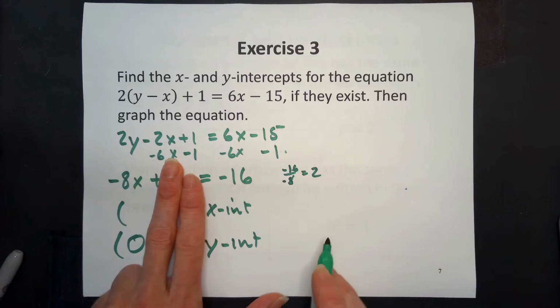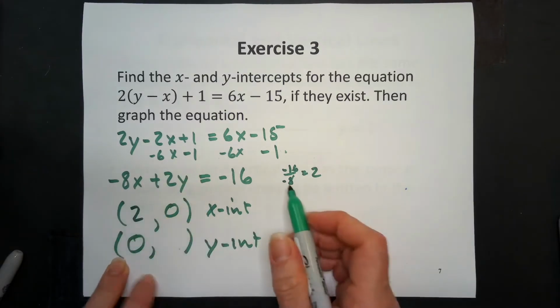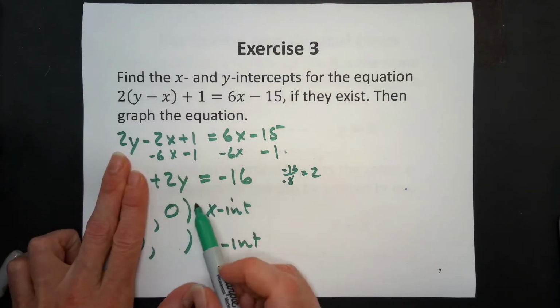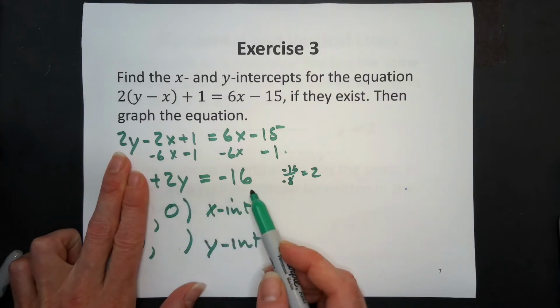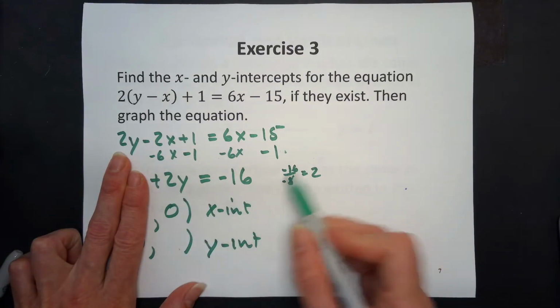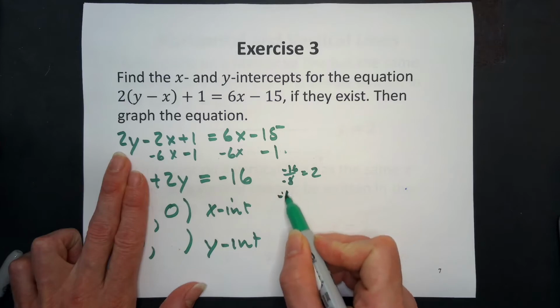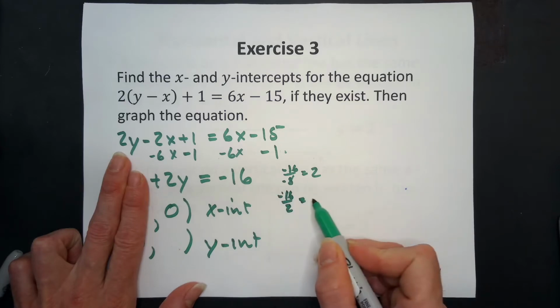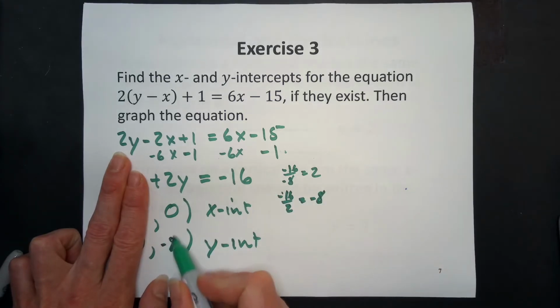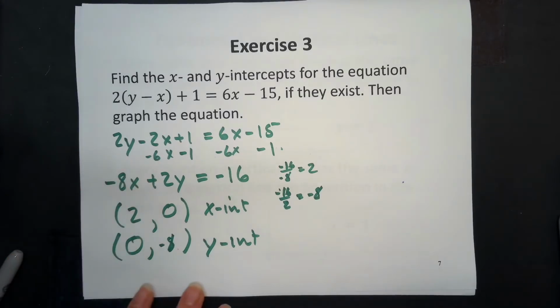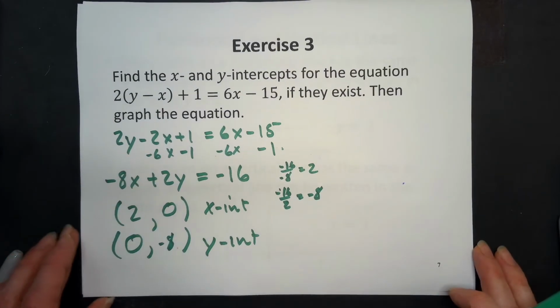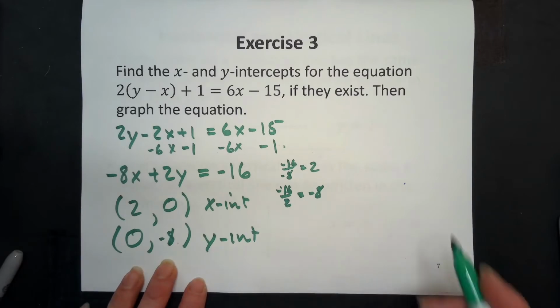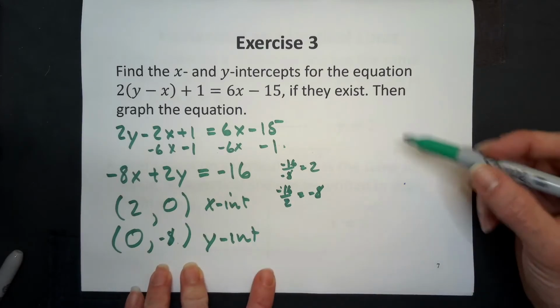You're going to get positive 2 back out. And then you cover this up, and you're going to get 2y equals negative 16. Once again, go off to the side if you need to: negative 16 divided by 2 gives me negative 8. And so that's your answer. You have negative 2, 0 for the x-intercept, and 0, negative 8 for the y-intercept.